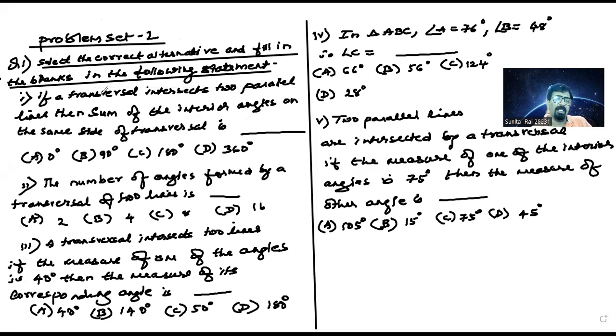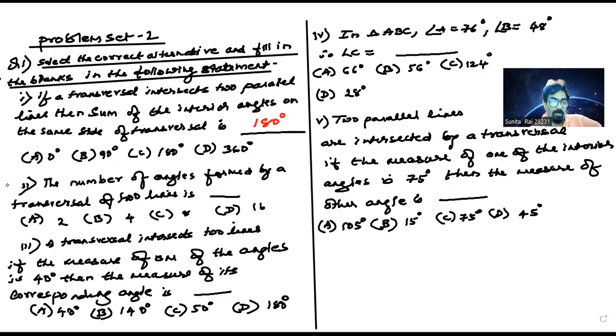First: if a transversal intersects two parallel lines, then the sum of the interior angles on the same side of the transversal is 180 degrees. This is nothing but the interior angle theorem.